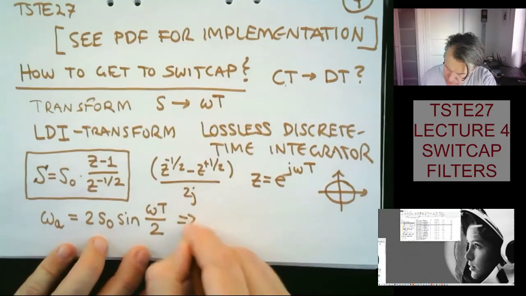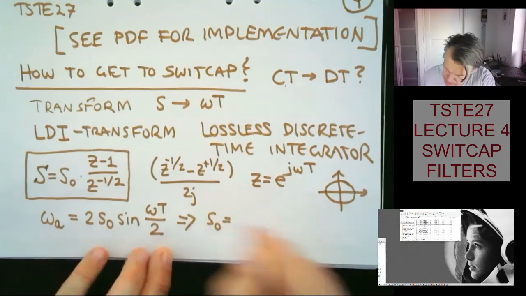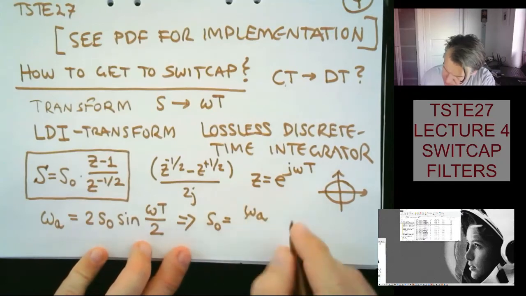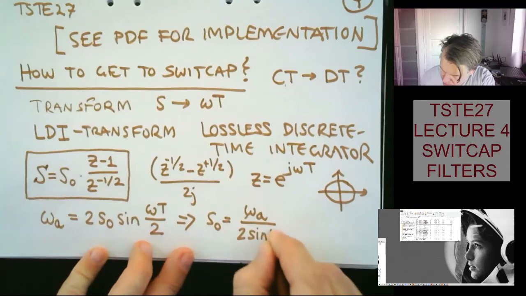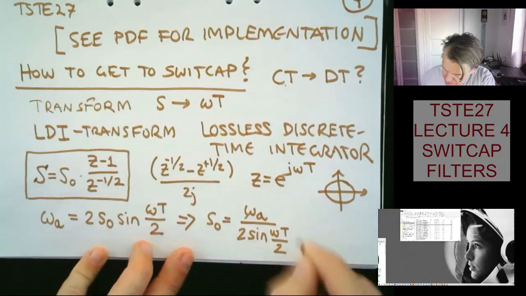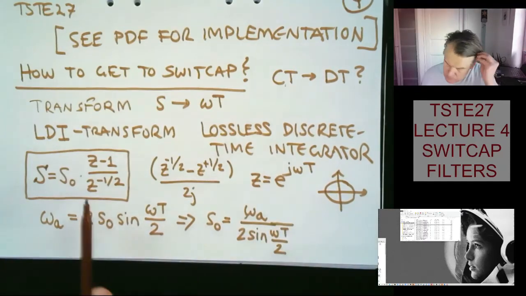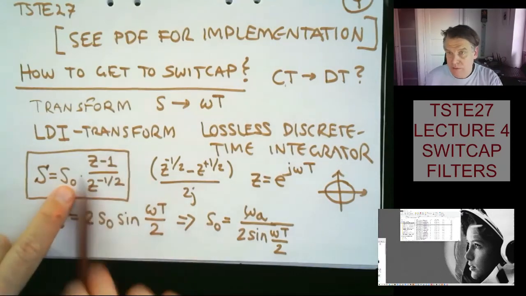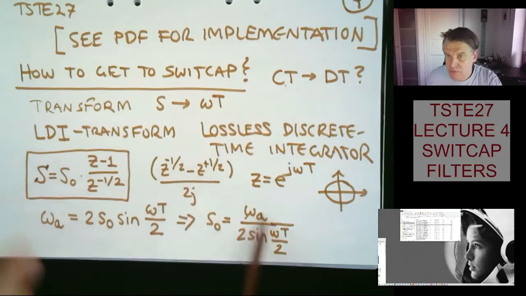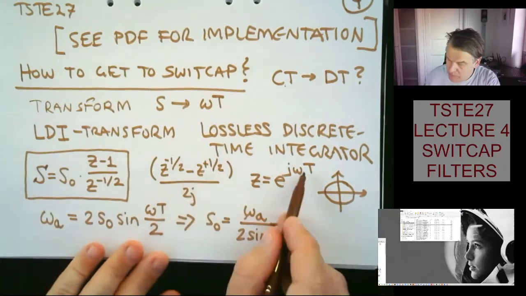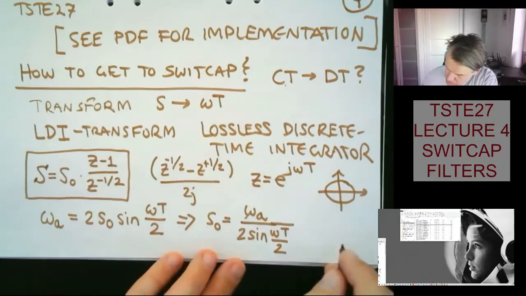Or if we like, the scaling factor S naught is equal to omega a divided by 2 sine omega t half. That you can convince yourself quite easily if you just go into this equation and do the Euler formula, etc.